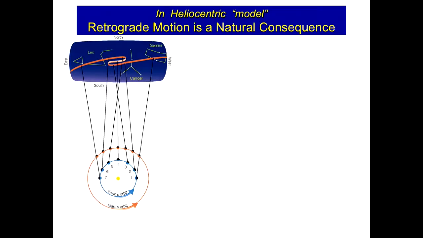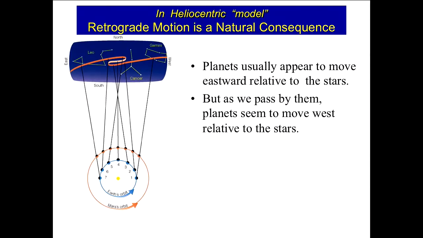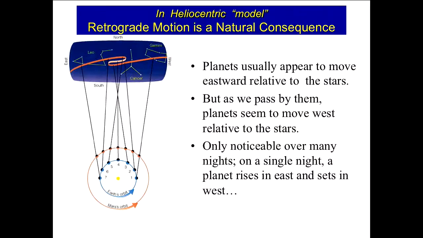The Earth is going faster than Mars, and so Earth is passing Mars around the bend on the racetrack. And so it just appears that Mars goes backwards. The planets normally seem to be going eastward, but as we pass them by, Mars simply appears to be going the other way.